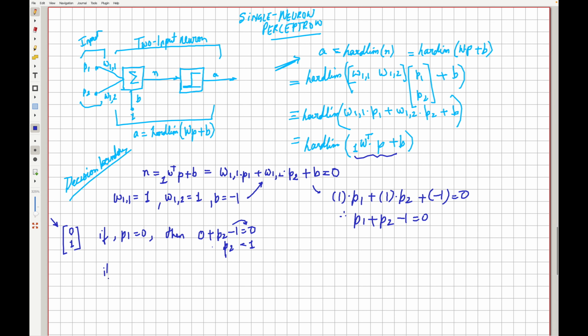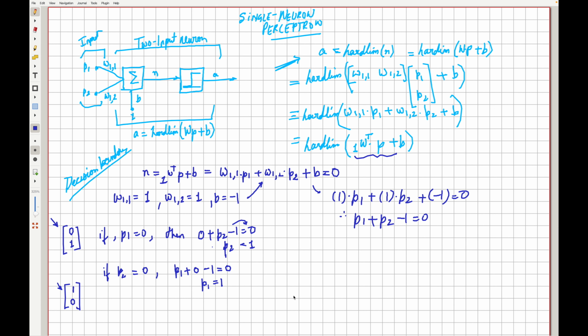Then if p2 is equal to 0, we get our value for p1. So this is going to be p1 plus 0, and then -1 is equal to 0. That gives a value for p1 which is simply equal to 1. And so the data point we can think about in this case is 1, 0.